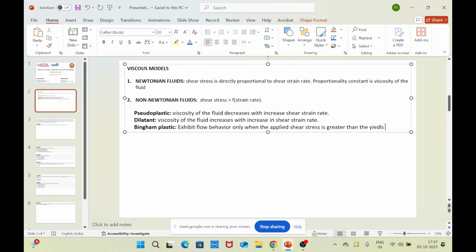So the yield stress here is more like a threshold value beyond which the fluid is going to exhibit flow.